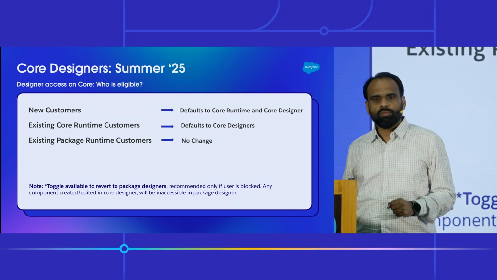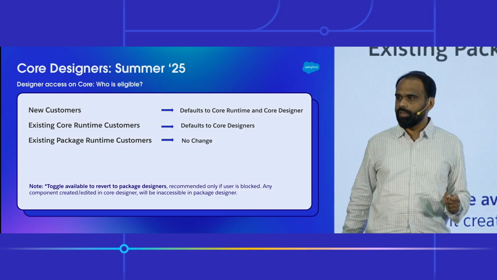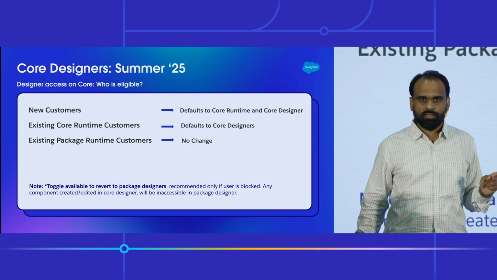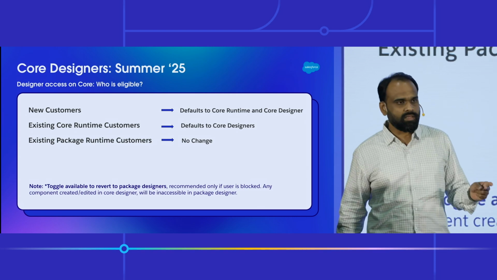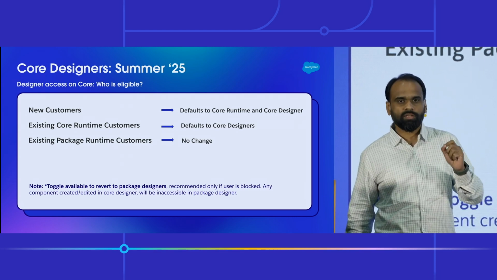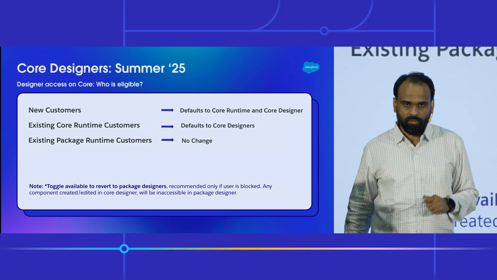But the structure of what we are doing is, any new customer, a definition of a new customer, I would say, is who doesn't have OmniStudio licenses, or no packages, that is CME, insurance, or any. You just enable the new OS license, you get designer on core and runtime on core from 256 onwards.